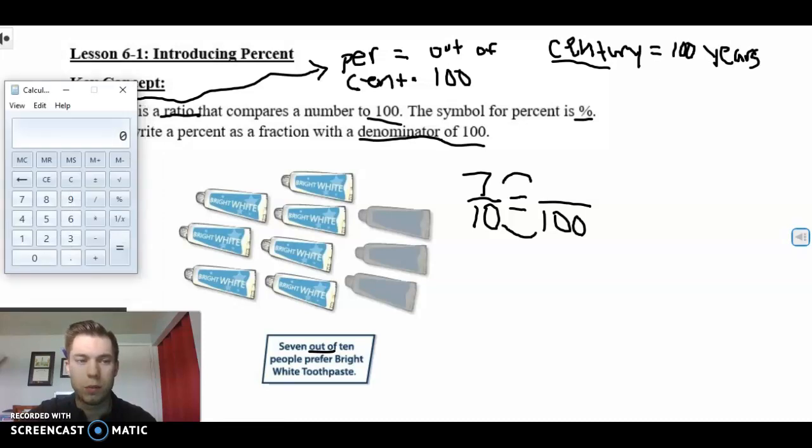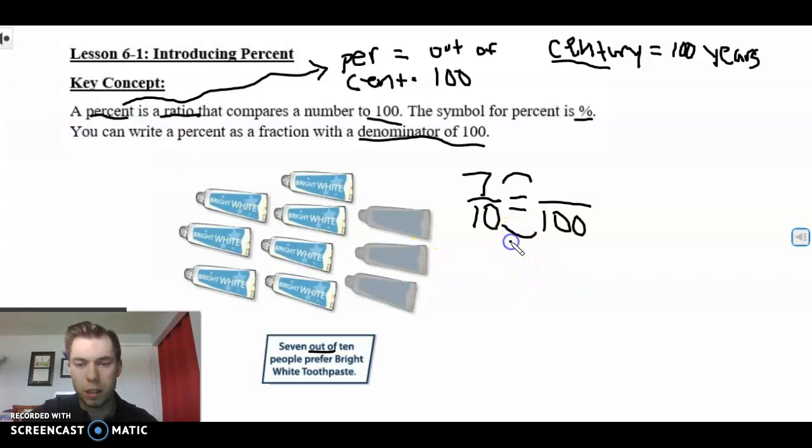Some of you might not, and that's where you might need a calculator. If you're not certain, you can always take your second term and divide it by your first term. So 100 divided by 10 is 10. So the number that we need to multiply by is 10, because 10 times 10 will equal 100.